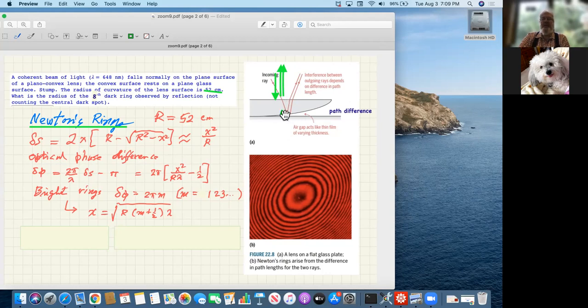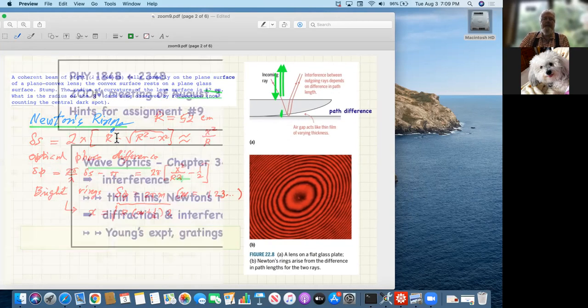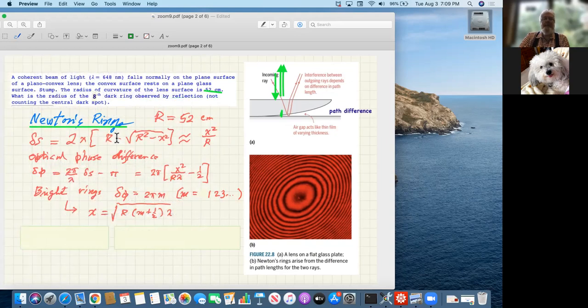The length to the lower surface is r, the radius of curvature of the spherical surface, minus the square root of r squared minus x squared, where x is this distance. So x will be the radius of the ring.